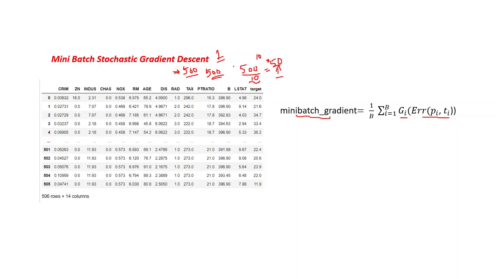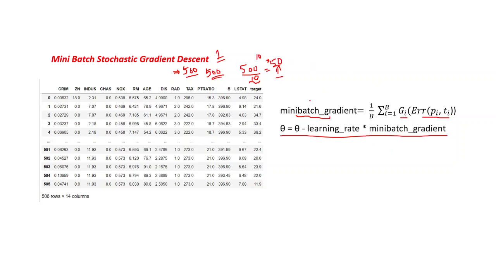So the memory requirement is within limits, not too much like the batch gradient descent. Now for each batch, after going through one batch, W and B, that is the parameters, will be updated.